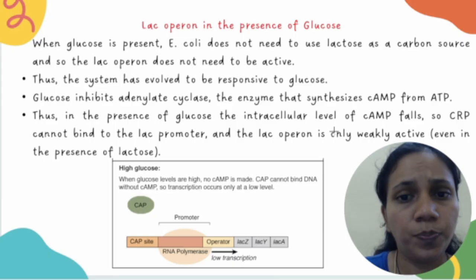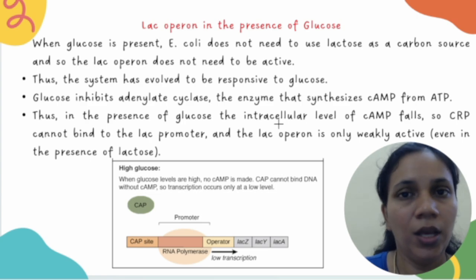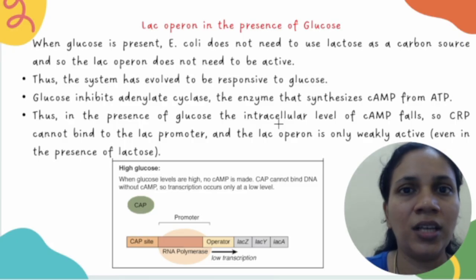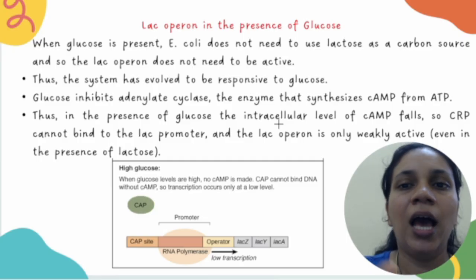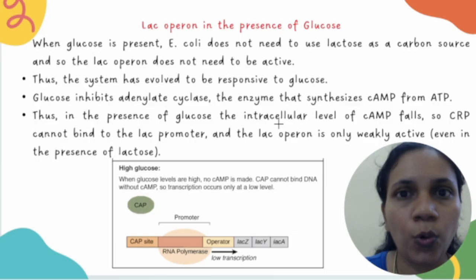Let us correlate this concept with another thing. Suppose you have come from somewhere outside and you are sitting in your relative's house, and your relative has given you a plate with a glass of nice chilled lemonade and one glass of warm water. When you have lemonade, why would you go and drink that warm water, that too in summers?